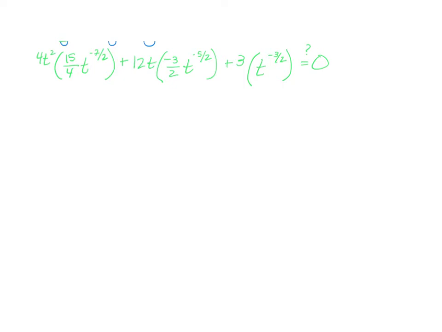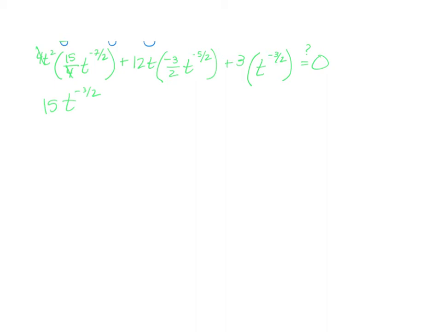Okay, so here my 4's cancel, and I end up with 15 times t to the, now I'm multiplying like bases, so I'm going to add the exponents. So add 2 to negative 7/2. Negative 7/2 is 3.5. Negative 3.5 plus 2 would be negative 1.5, or negative 3/2.